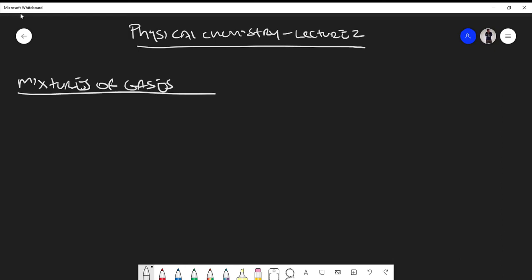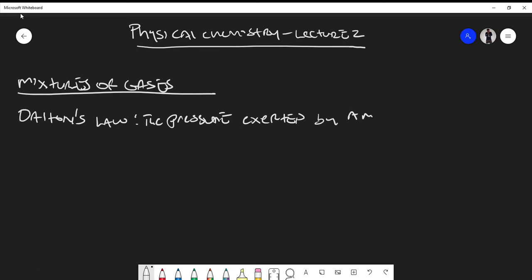So Dalton's law. Dalton said that the pressure exerted by a mixture of an ideal gas, and we spoke about the ideal gas equation in the first lecture, right?